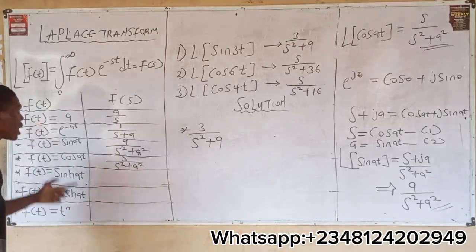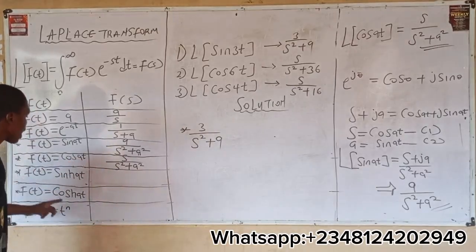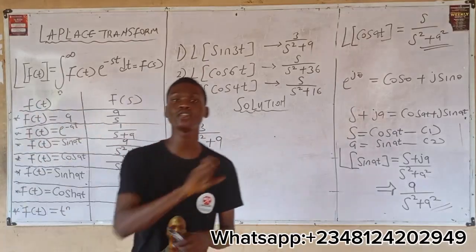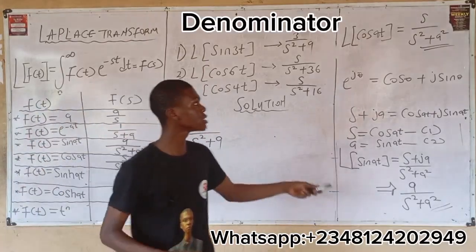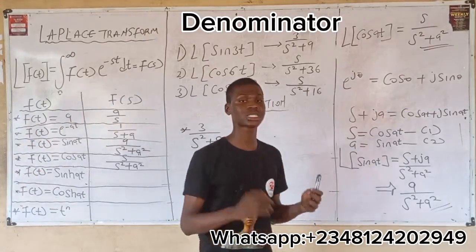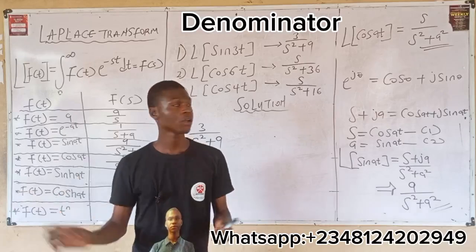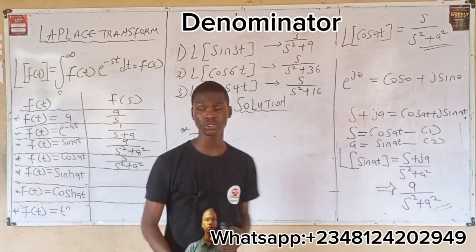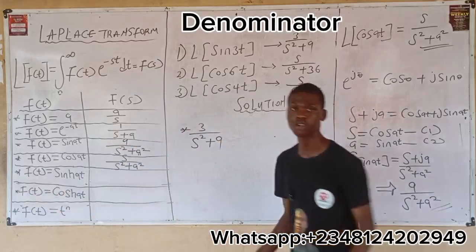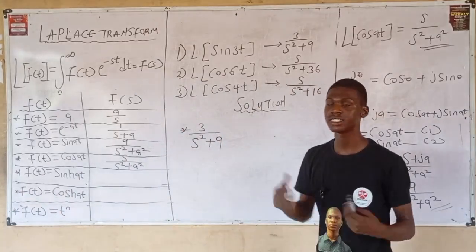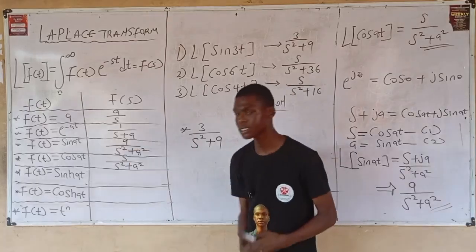Similarly, the Laplace transform of cos at and cosh at are the same. The difference is the numerator. In this case, both numerators are taking positive. But for the hyperbolic functions, sinh and cosh, the numerators are taking negative. But let's see the derivation, then write it in our table.